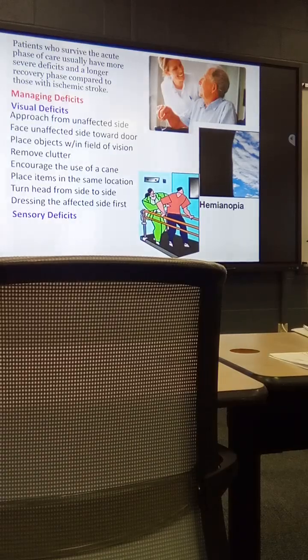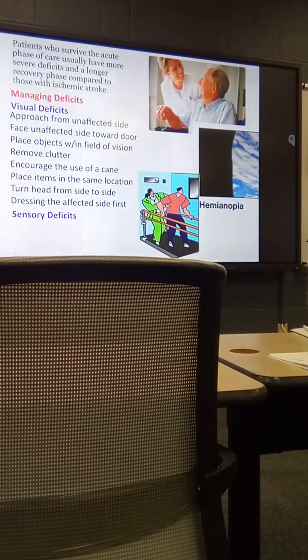If you're the team lead deciding which bed to put this patient in, make sure their visual field is at the door. Don't put them where their visual field is at the window, because they can't see anybody coming in the door. So you always want to approach from the visual field that they have.